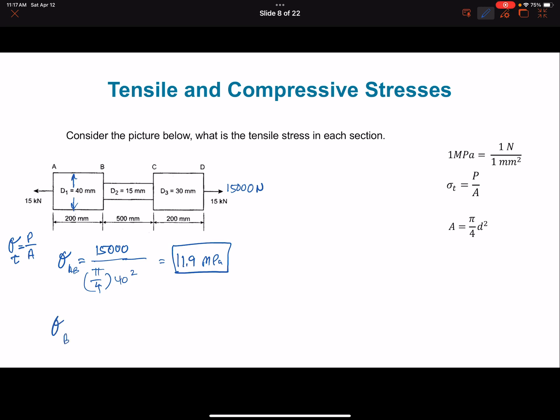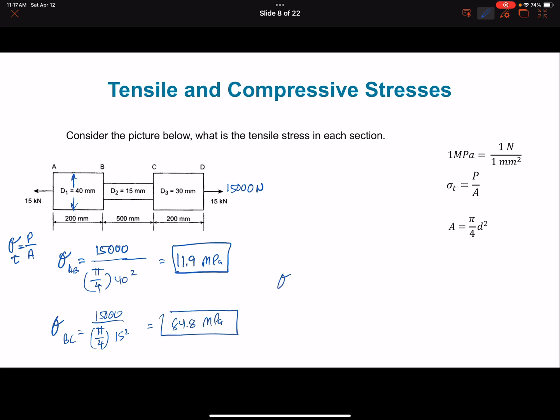Sigma BC is 15,000 again, over pi over 4 times 15 squared. So here we have a smaller cross section. We would assume that has a bigger stress, 84.8 megapascals.